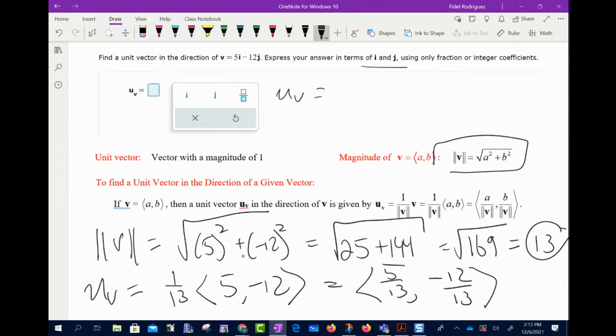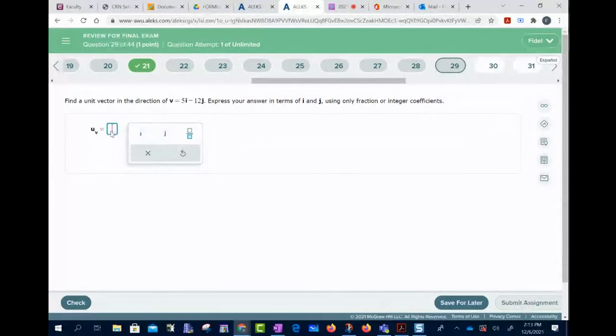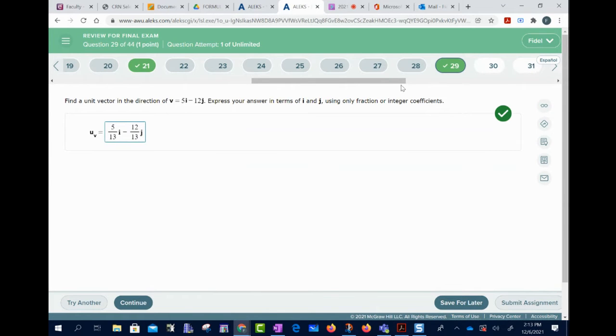Wouldn't we say that u_v is going to be 5 over 13 i and then minus 12 over 13 j, right? So let me enter that in and double check our answer. 5 over 13 i minus fraction 12 over 13. Yes. Okay. And check it. And we got it, right?